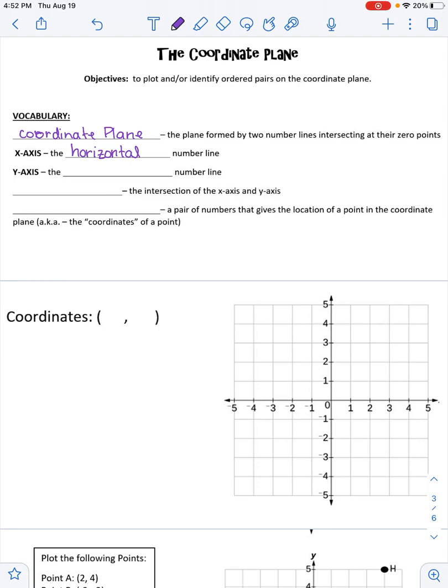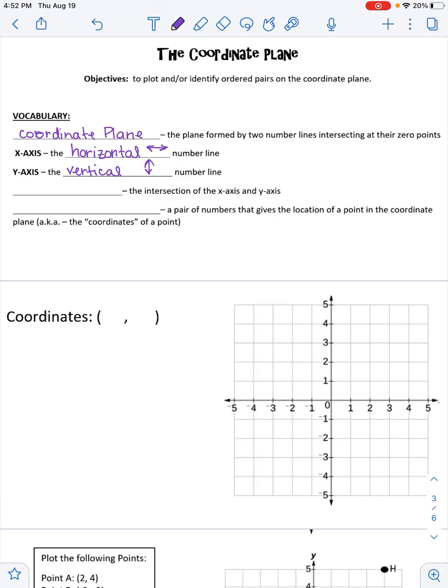And if you are not sure which one horizontal is, that is the one that goes from left to right. The y-axis is the vertical number line. And that goes from the bottom to the top.